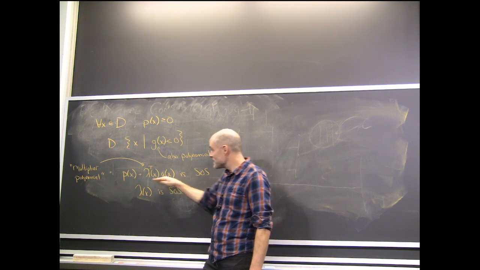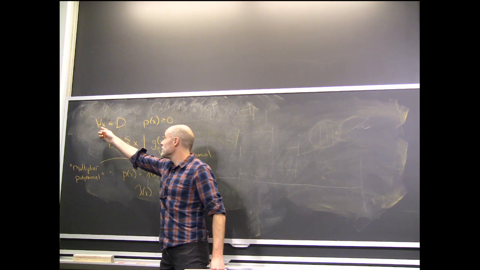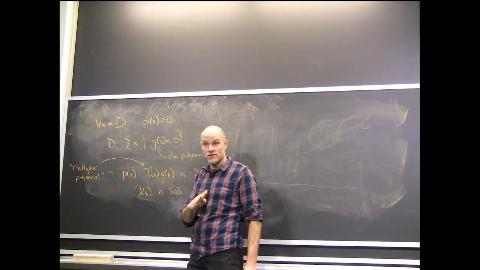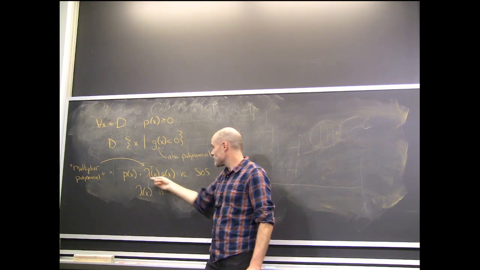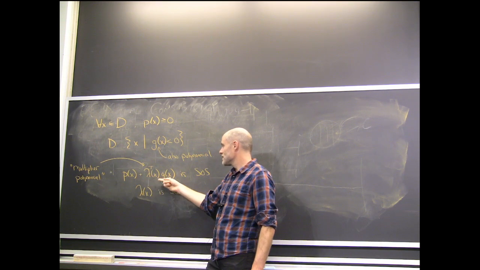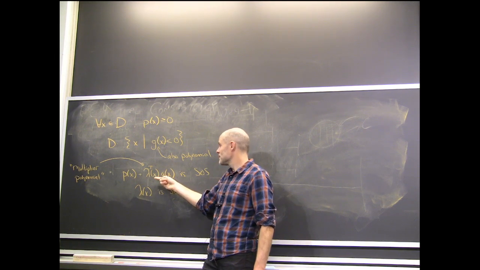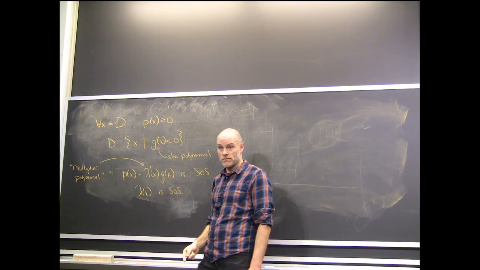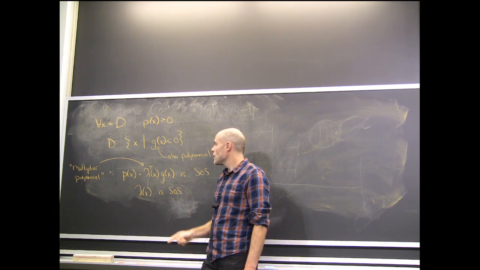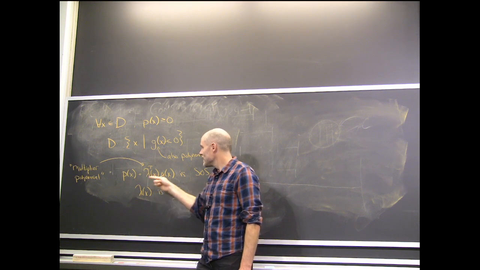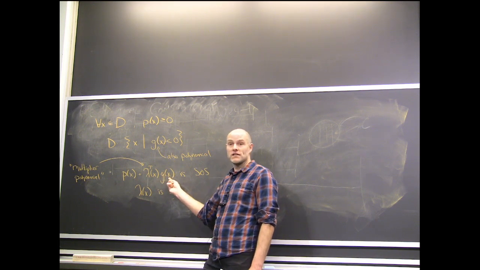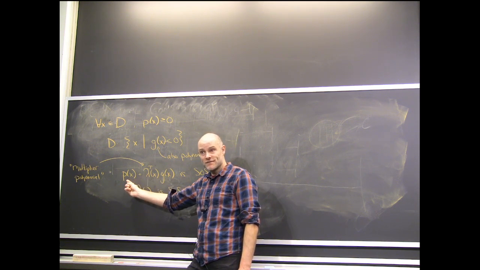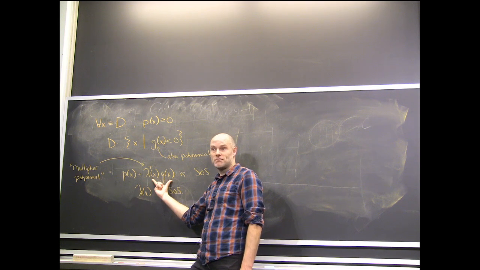So certainly, if this is true, then for all x in D, p of x is greater than or equal to 0. That side's sort of easy to see, maybe, right? This is only making p of x look more negative. Therefore, if it succeeds in being sums of squares, it must be safely positive in the region. What's interesting is when it's outside the region and g of x is positive, p of x could be negative, and this gets to help you be more positive.